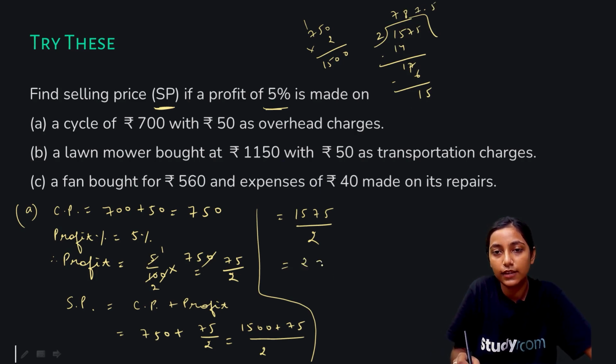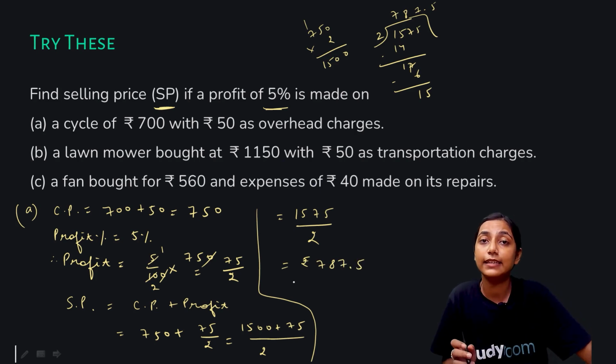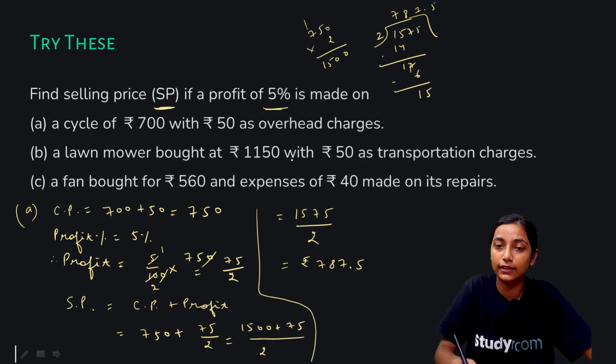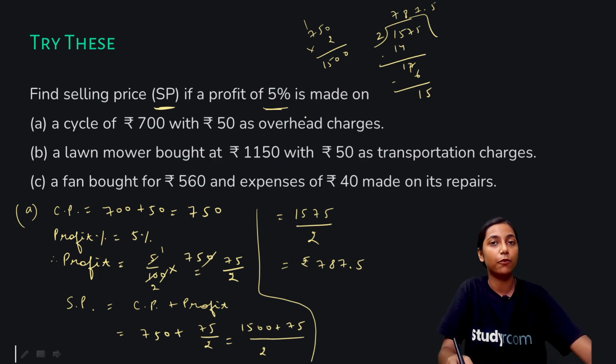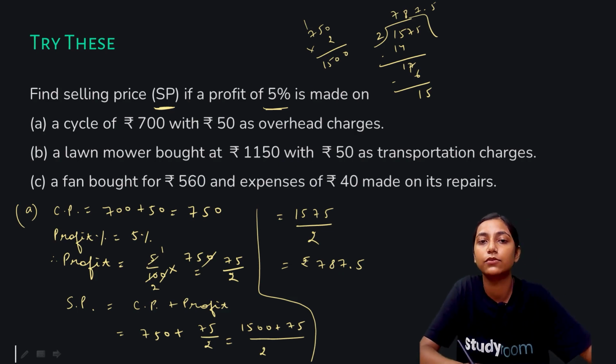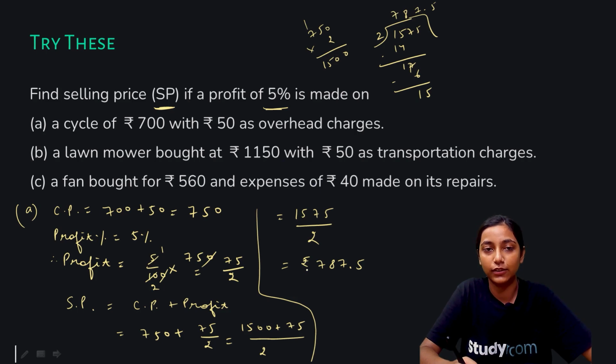So this is the selling price, the price at which he sold that cycle. This is 787.5 and he was having a profit of 5%. It was given to us. This was the total cost price and we found out the selling price for the same.